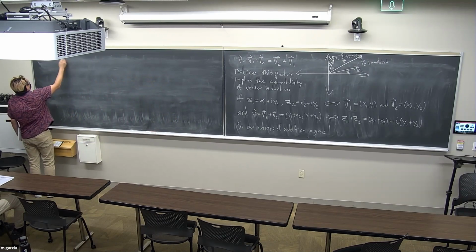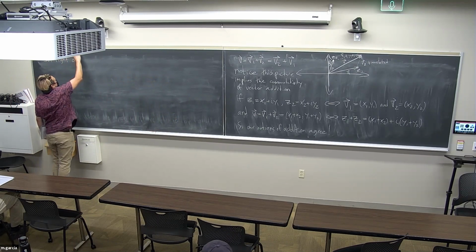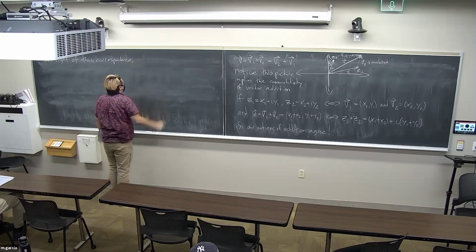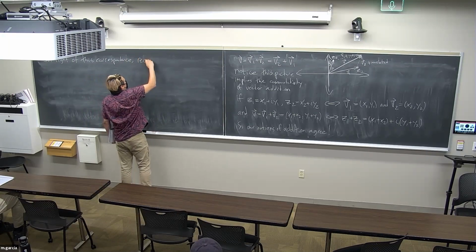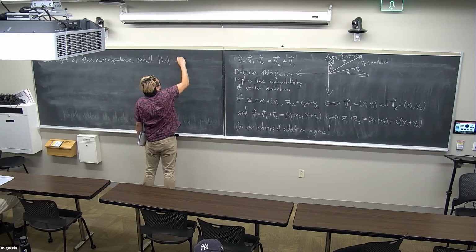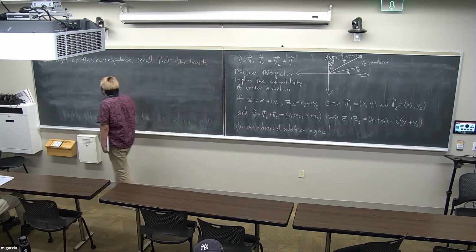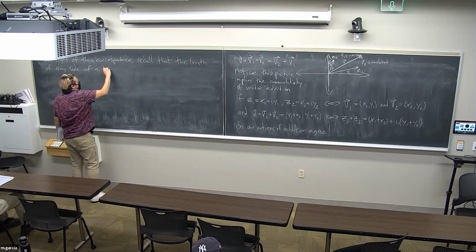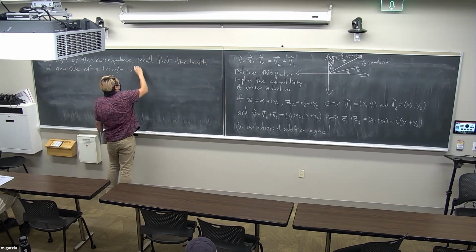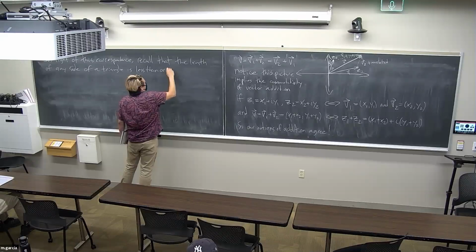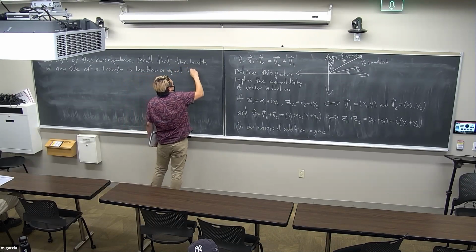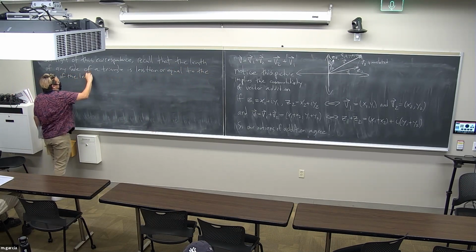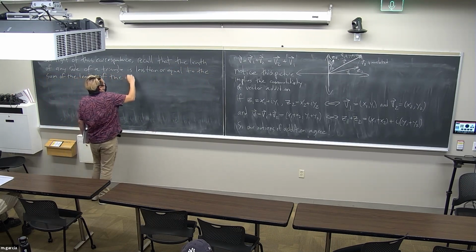So, in light of this correspondence, recall that the length of any side of a triangle is less than or equal to the sum of the lengths of the other two sides.